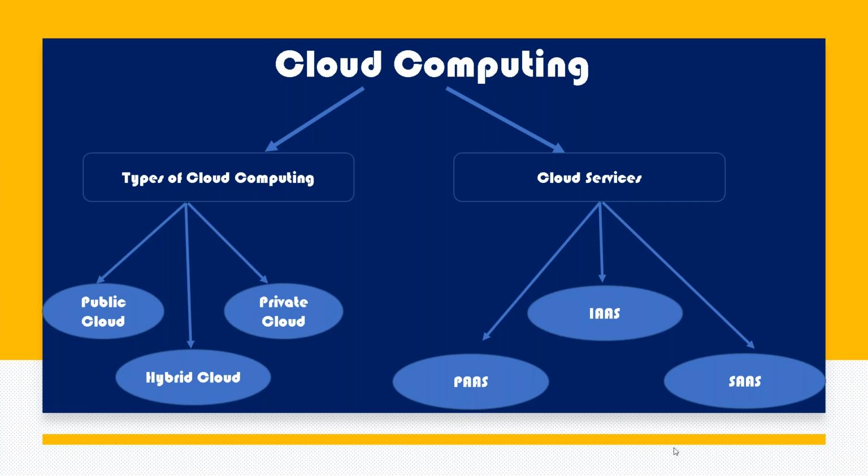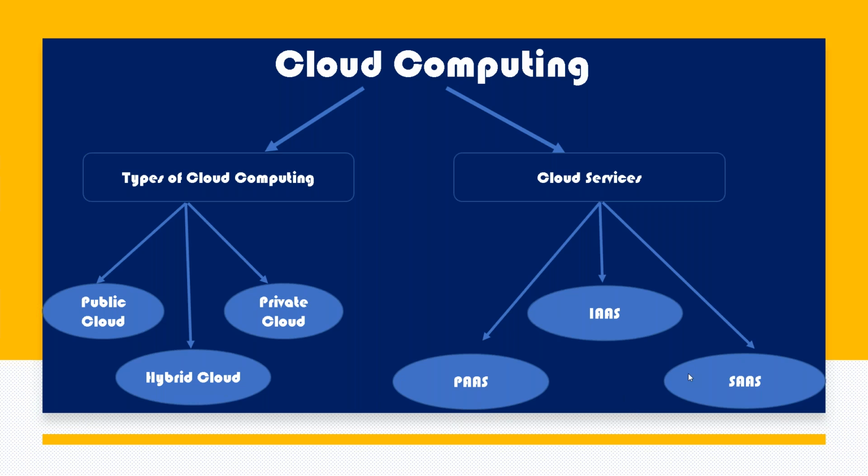For example, Office 365, MS Office, Salesforce, and Zoho applications are all cloud-based, already developed applications. So these are the services available: infrastructure as a service, platform as a service, and software as a service.